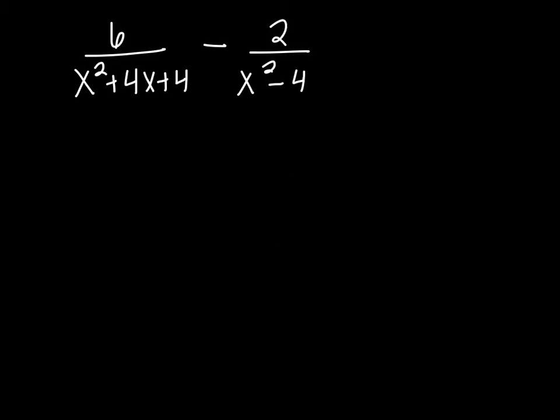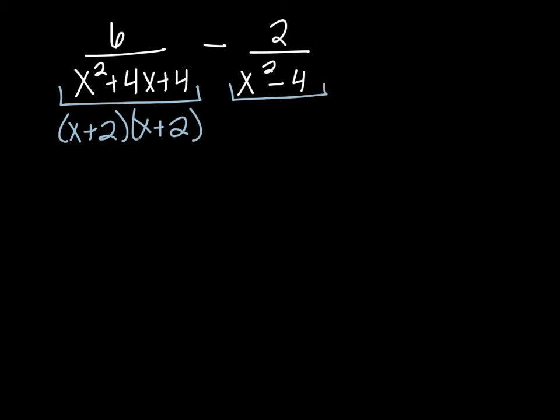Last problem. Let's go ahead and factor these. So another way to write this first term is x plus 2 times x plus 2. Another way to write the difference of two perfect squares is x minus 2 and x plus 2.